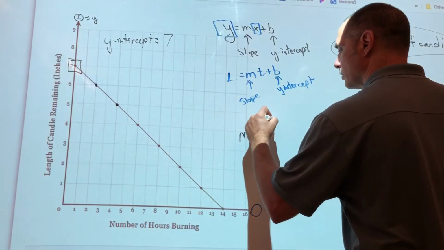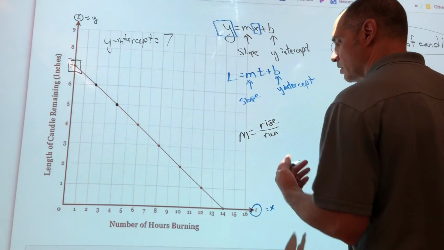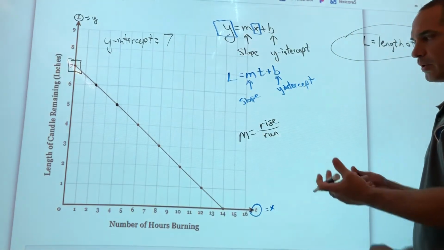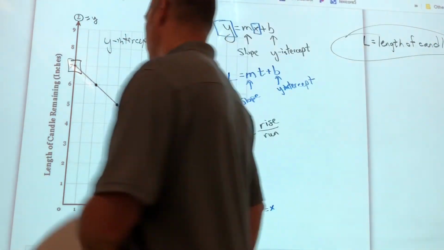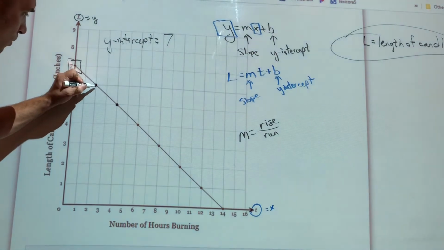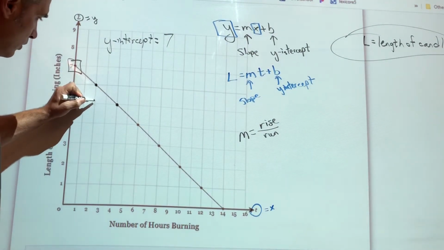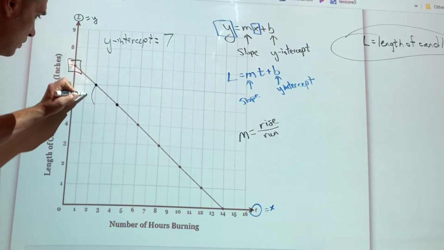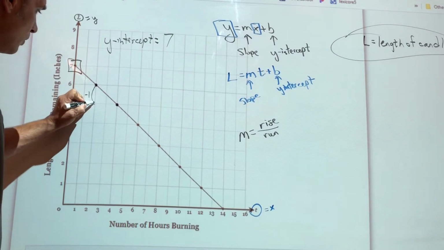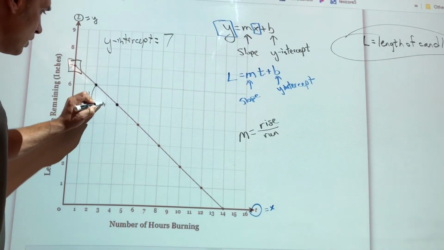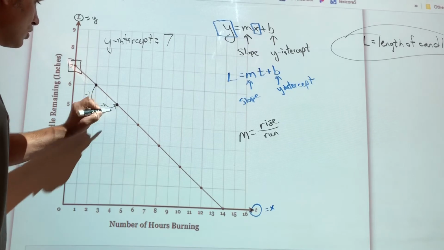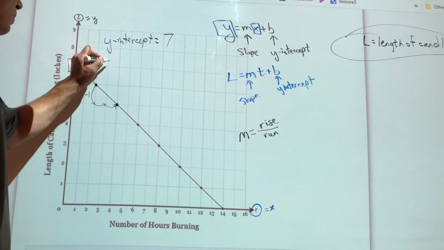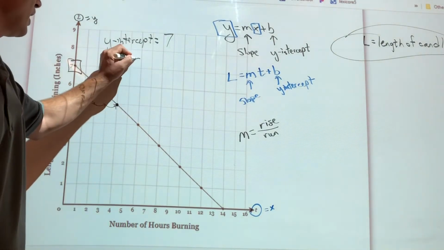It is rise over run, but this one doesn't rise. So when it's going down, that's going to be negative. So I go down 1, so negative 1, and then I go to the right 2, 1, 2, and so this slope is equal to negative 1/2.